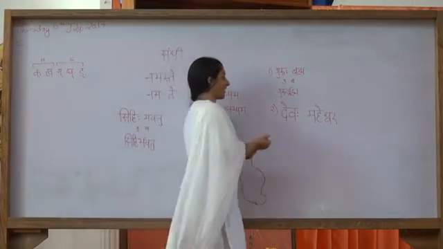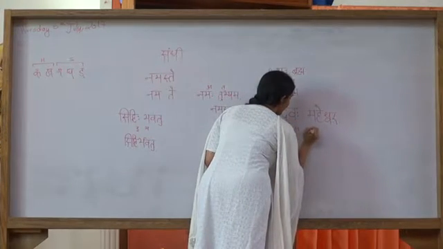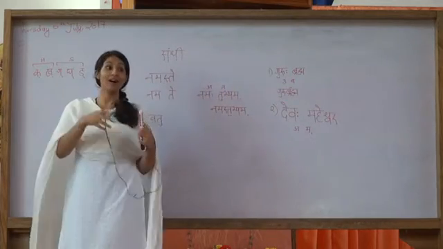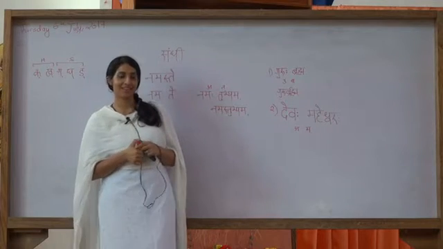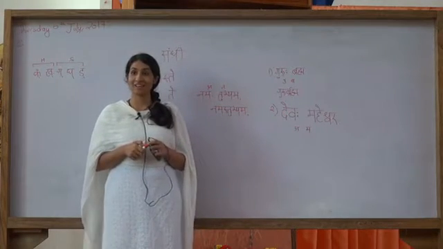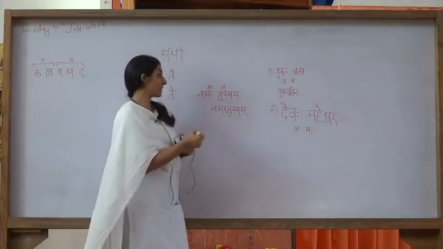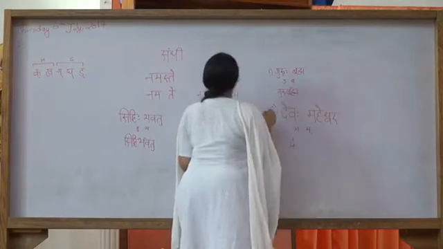A. And after is ma. So what happens when you have a followed by a ma? It changes into a o, right? So then this will become bigger.